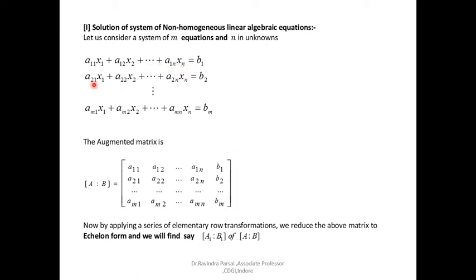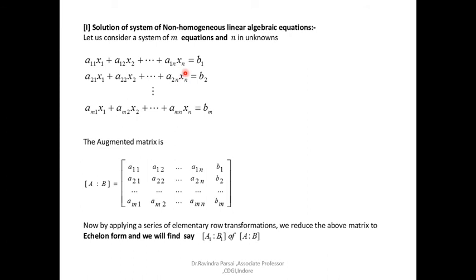In the second row a21 of x1, a22 of x2, dot dot, a2n of xn equal to b2. And so on, continuing up to am1 of x1, am2 of x2, dot dot, amn of xn equal to bm.